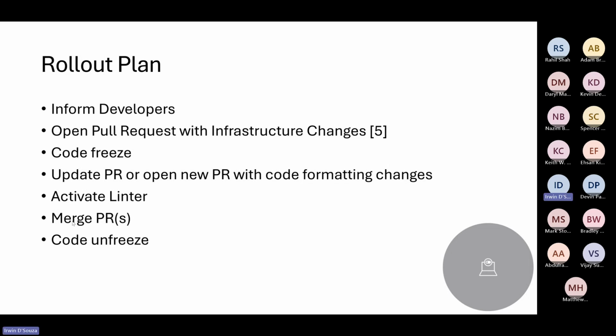There'll have to be a code freeze to prevent other changes getting in while we put the code formatting changes in. The PR that has the infrastructure changes, which I'll explain later, will either be updated with the actual code formatting changes, or we'll just open a new PR.